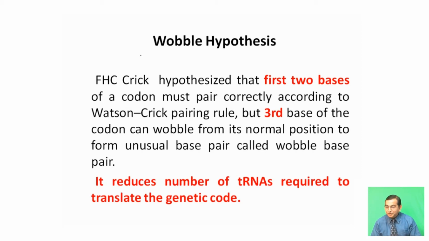So this wobble base pair solves the problem because it reduces the number of tRNAs required to translate the genetic code, because there are 64 codons and a smaller number of tRNAs. So wobble pairing solves the particular problem of genetic decoding.